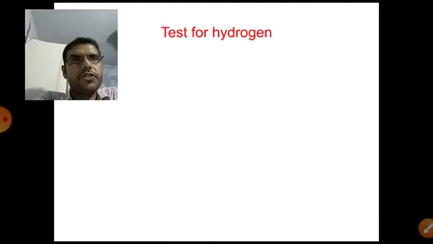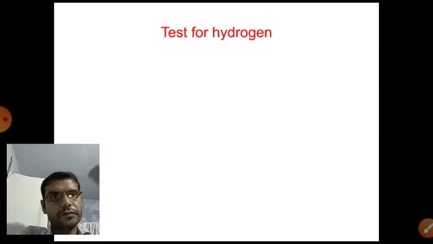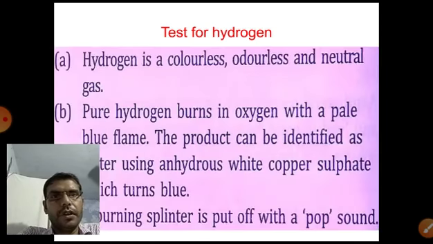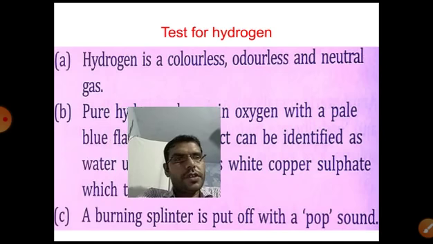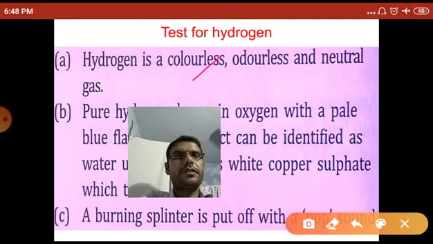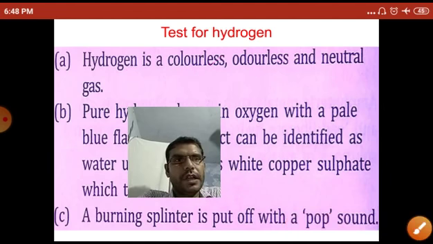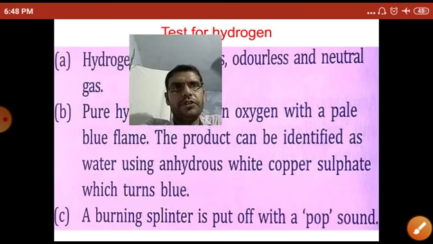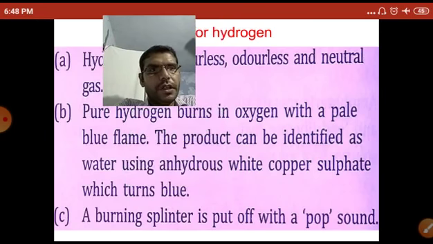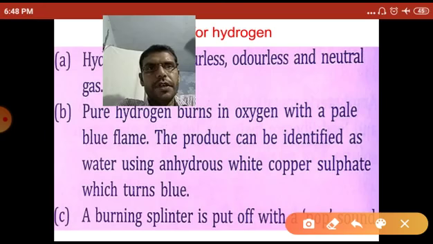Now next, tests for hydrogen. Hydrogen is a colorless, odorless gas. It does not have any color or odor, and it is also present in nature. The next test for hydrogen is that pure hydrogen burns in oxygen with a pale blue flame.